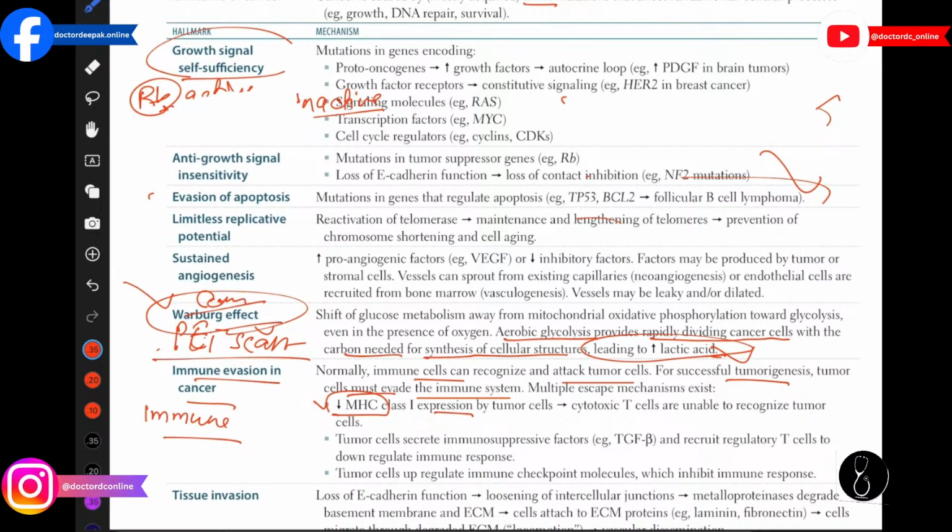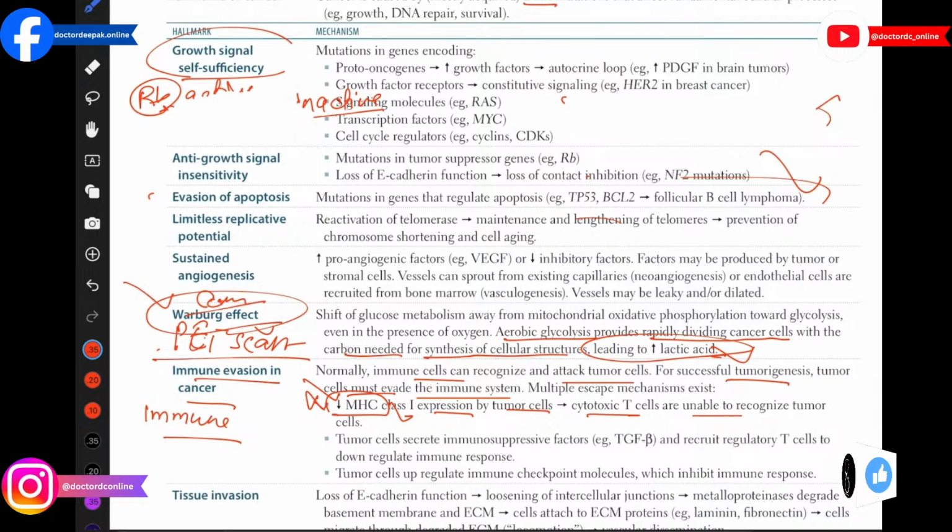If the tumor cell is not showing MHC class 1, the T cell does not recognize it. Due to the lack of this expression, the tumor cell stays safe, and the cytotoxic T cell is unable to recognize it.